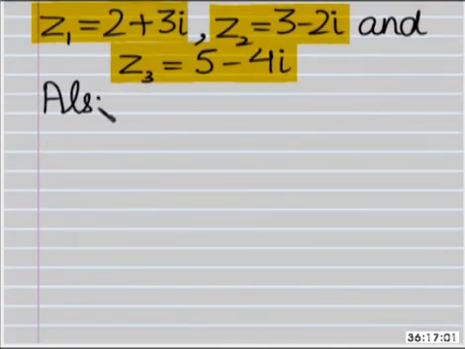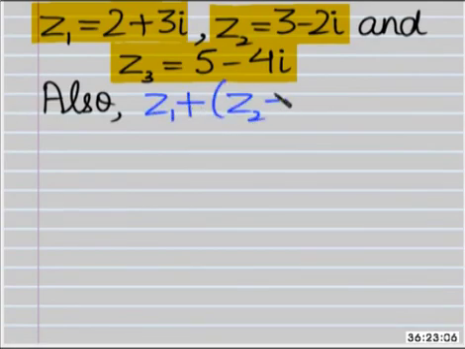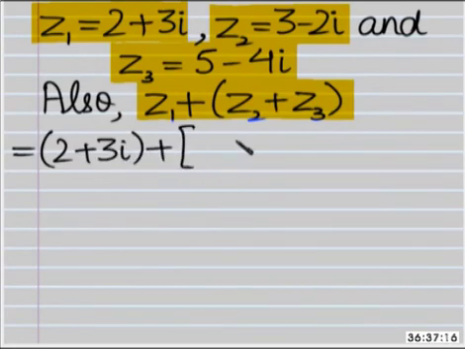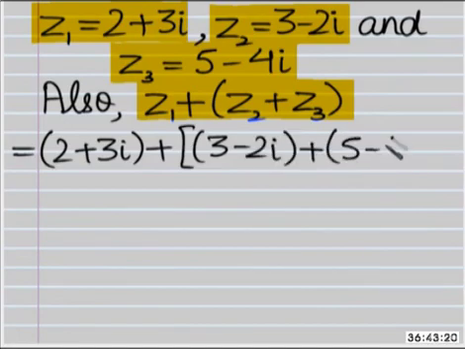Also, Z1 whole added to Z2 plus Z3 is equal to 2 plus 3 into iota whole added to 3 minus 2 into iota plus 5 minus 4 into iota.